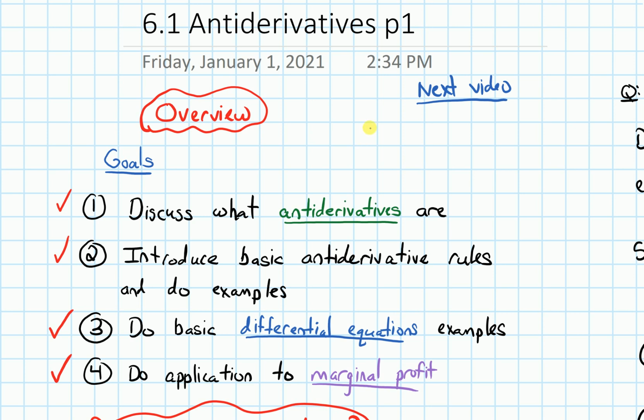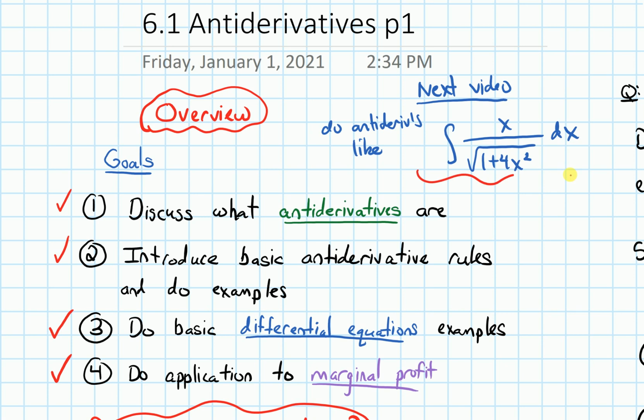In the next video, we will do antiderivatives like the integral of square root of 1 plus 4x squared, and then with an x on the top, dx. This isn't something that we know how to do just yet. So we need a new technique for this. And we will talk about that in the next section, 6.2.